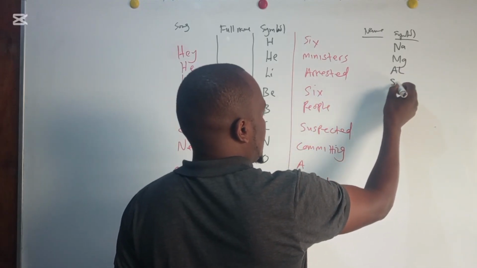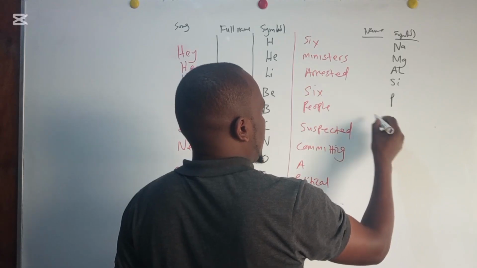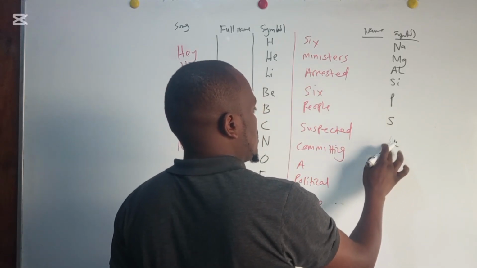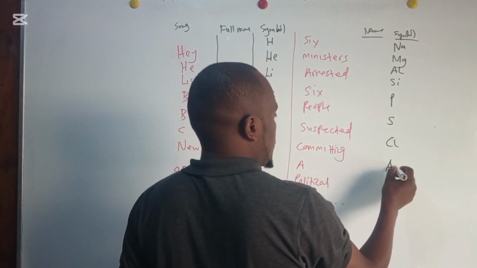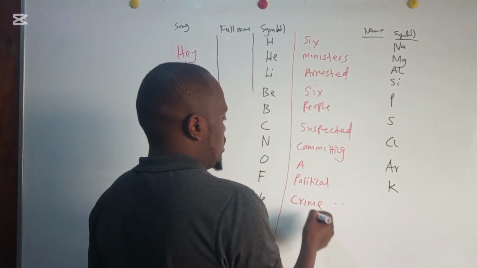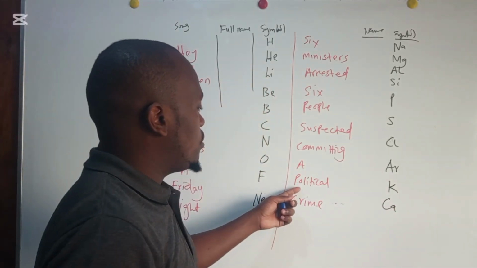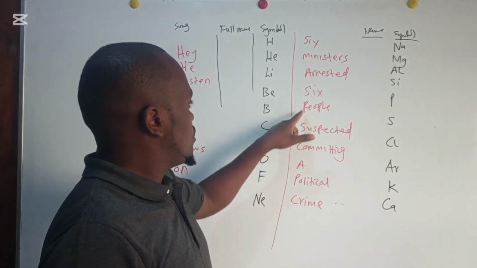This is silicon. Phosphorus, sulfur, chlorine, capital C, argon. We have potassium, and then we have calcium. So political is for potassium, and the symbol is K. We had people.